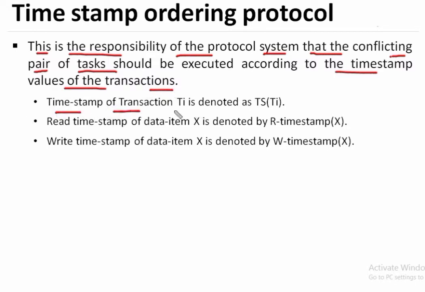The timestamp of transaction Ti is denoted by TS(Ti). The read timestamp of the data item X is denoted by R-TS(X), where R indicates the read operation and X is the data item that we want to read. The write timestamp of the data item X is denoted by W-TS(X), where W indicates the write operation, and X is the data that we want to modify or write.